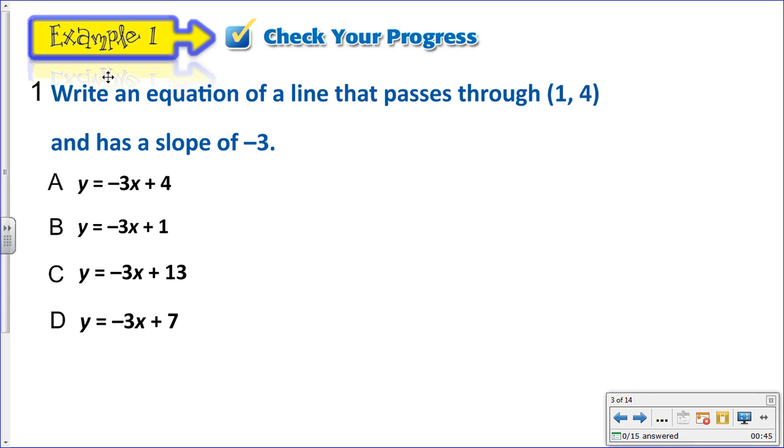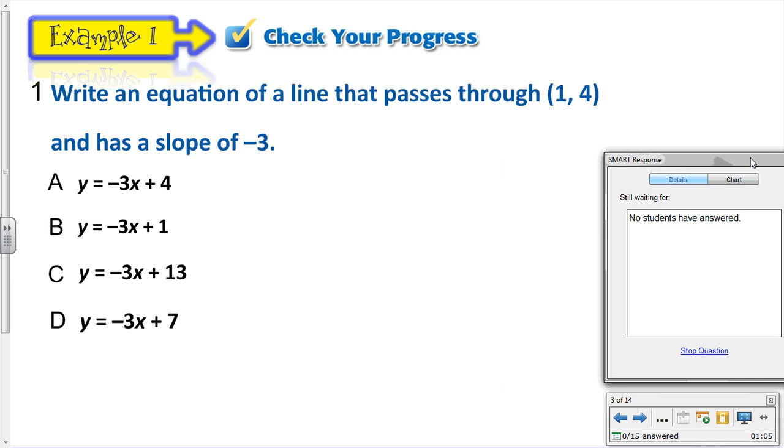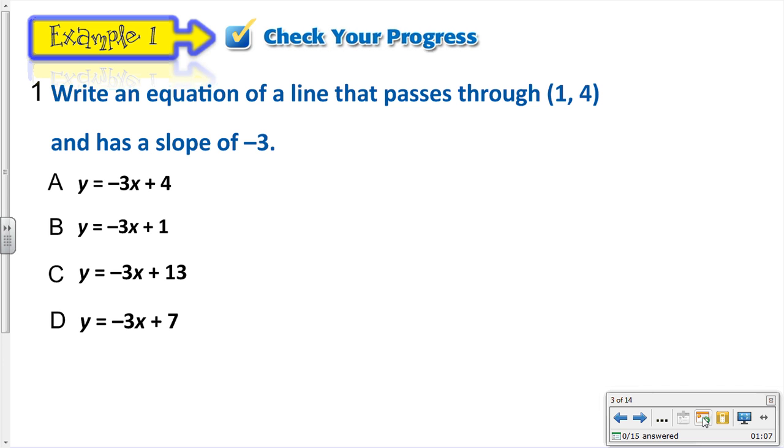It's not letting me enter. Why is there 15 people? I'm signed in, but it won't.